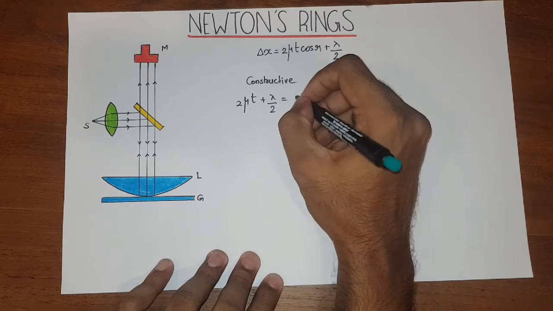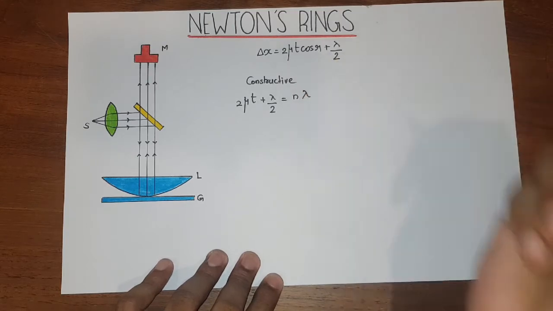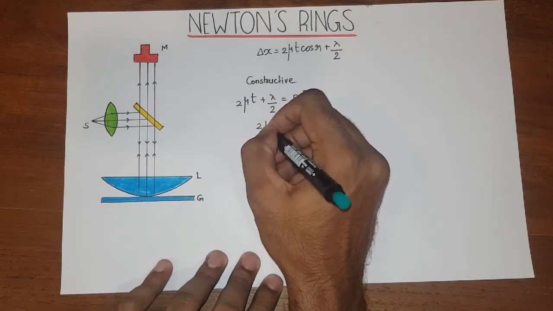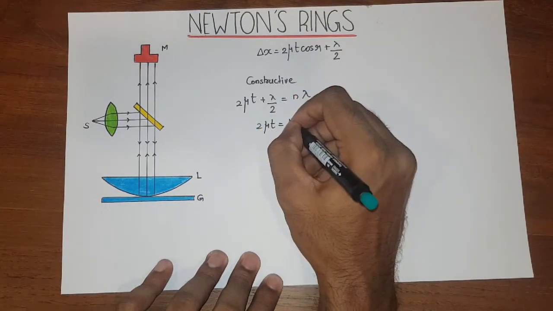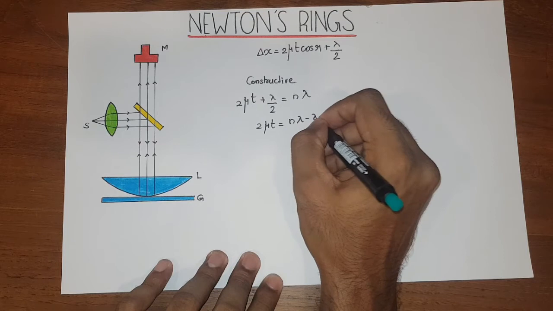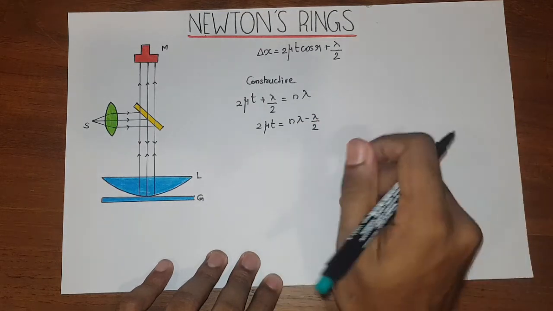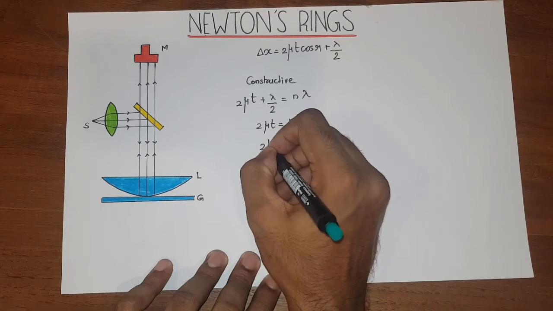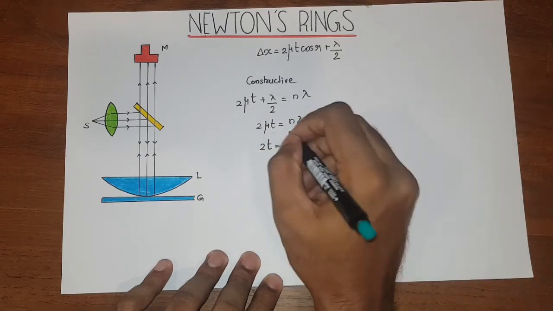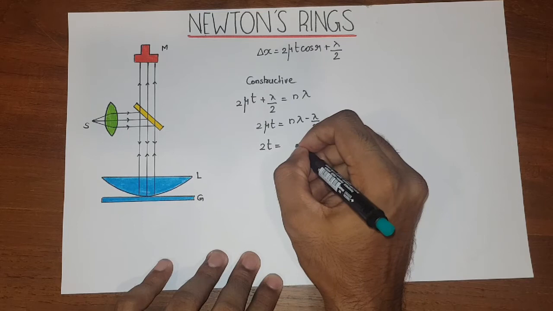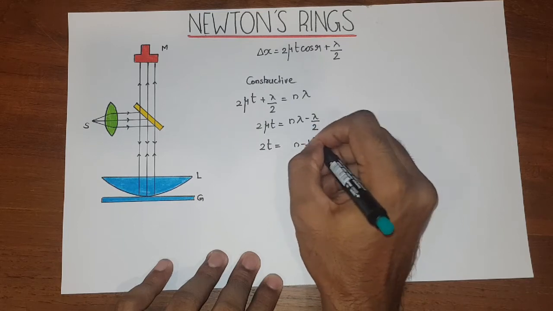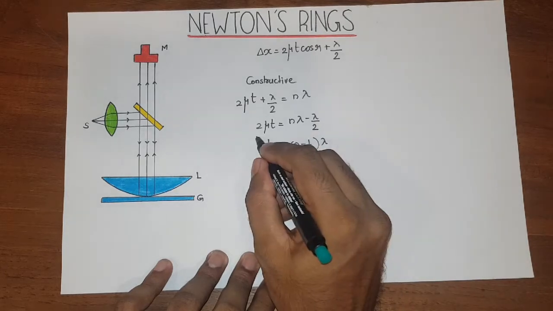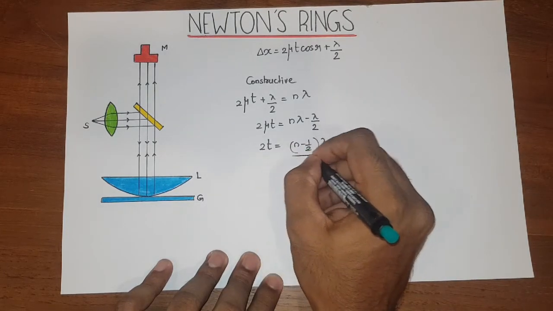For constructive interference, this will be n lambda, and 2 mu t will be n lambda minus lambda by 2, which is n minus half into lambda. So I am retaining this 2t over here and bringing all of the things to the right hand side, that is n minus half lambda on the right hand side, and I have to bring this mu to this side.